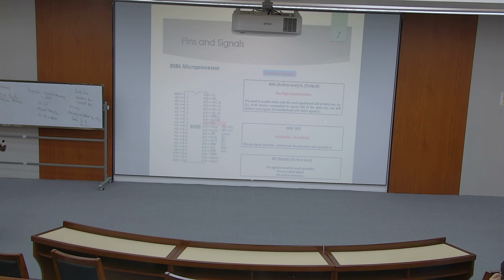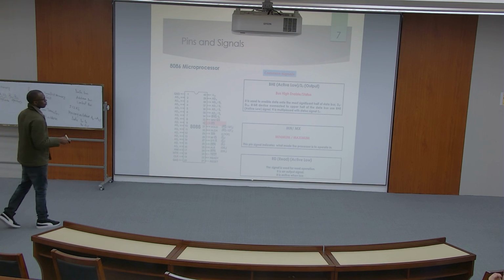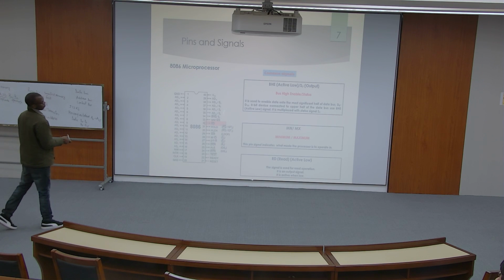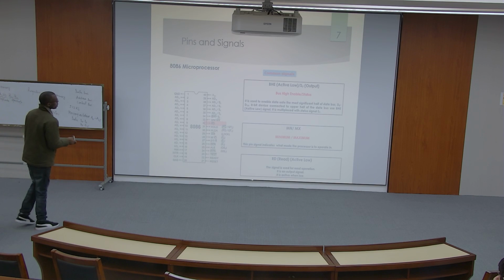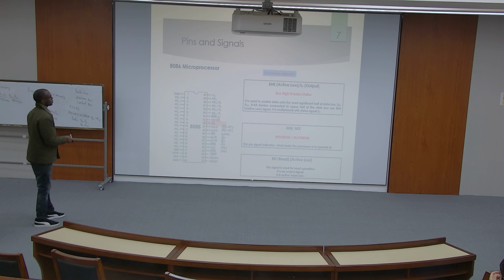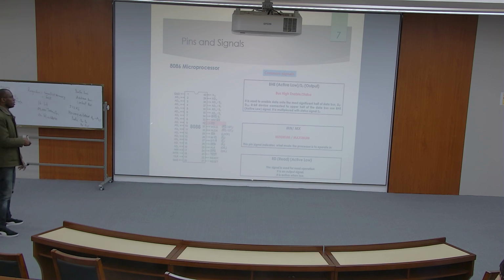Now, 8-bit devices are connected to the upper half of the data bus by using the BHE pin, the bus high enable. It is an active low signal, which is multiplexed with S7. You see, this BHE is multiplexed with S7.